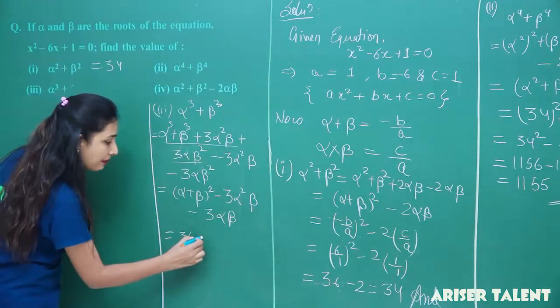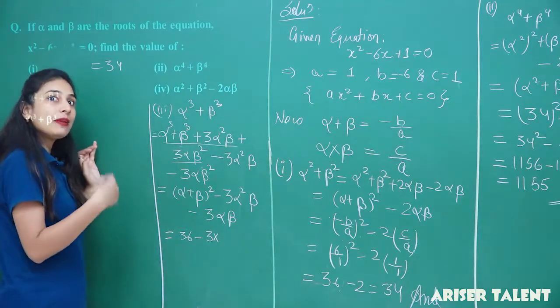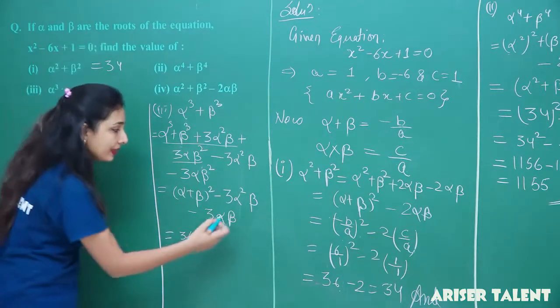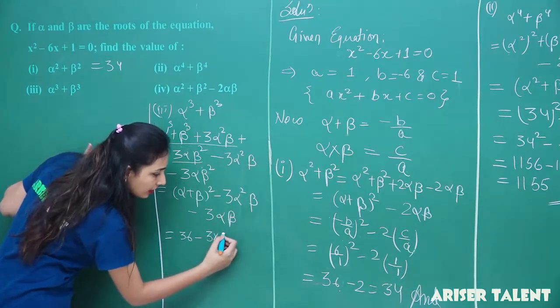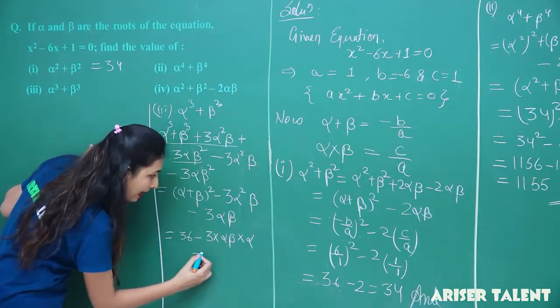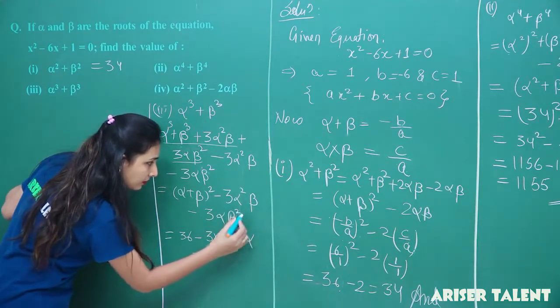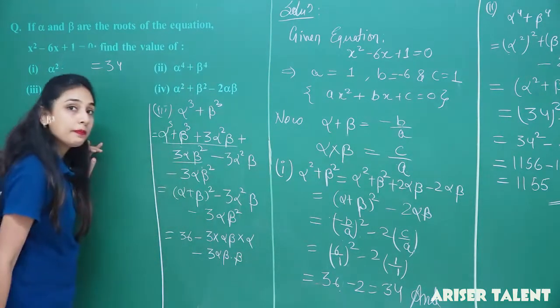Now, 36 minus 3 multiplied by alpha beta multiplied by, let us see this, alpha beta multiplied by alpha, minus 3 alpha beta multiplied by beta.